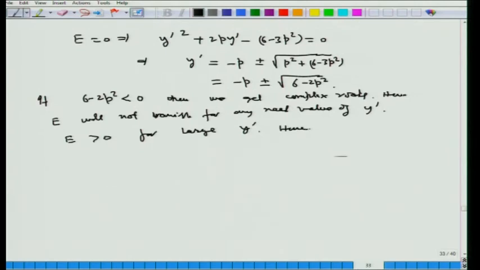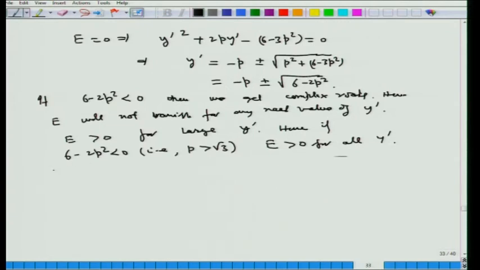Hence, if 6 minus 2 p square is negative, that is P greater than root 3, E will be positive for all y prime.